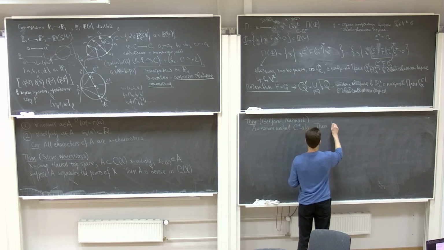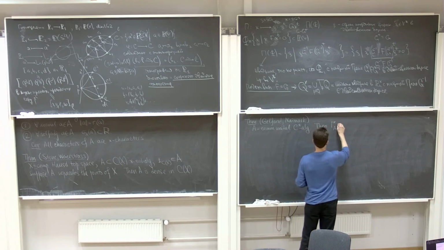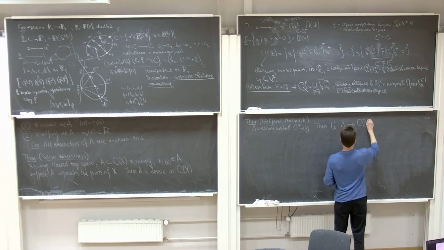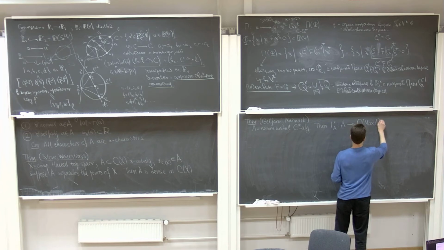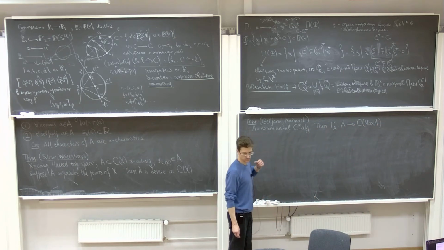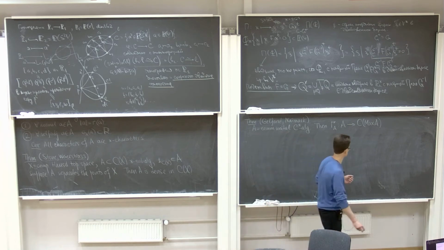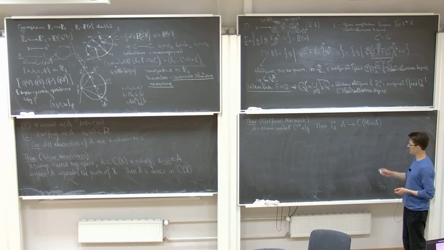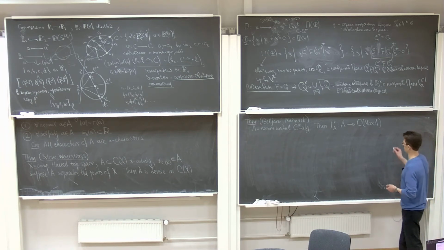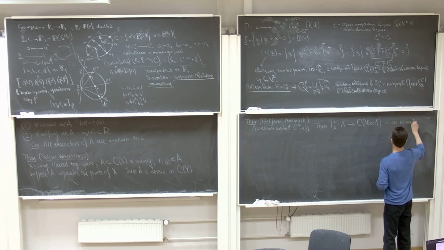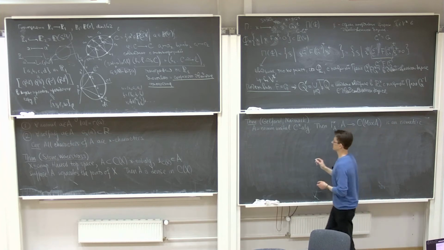Then the Gelfand transform of A, which is a homomorphism from A to the algebra of continuous functions on the maximal spectrum. So this map is defined for each commutative unital Banach algebra. And the theorem states that if A is a commutative unital C-star algebra, then this homomorphism is an isometric star isomorphism.